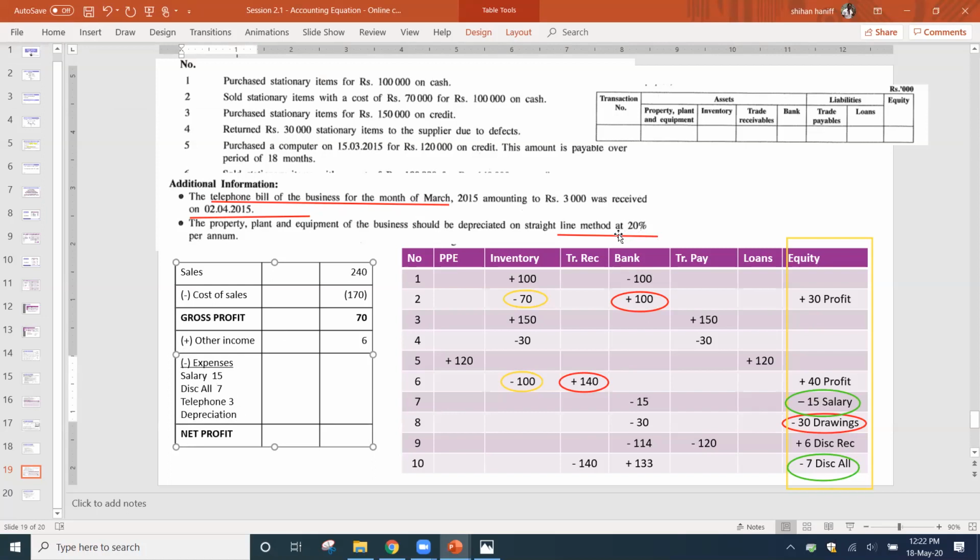Depreciation 20%. So depreciation equals PPE is 120,000 into 20% and into only 1 month. PPE depreciation or depreciation of computer.